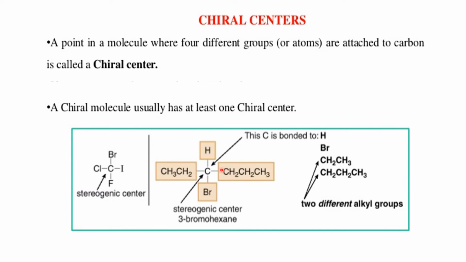So we could say this is a chiral carbon atom or chiral center, or it is also called a stereogenic center. So the presence of a stereogenic center is a condition for a compound to show optical isomerism.